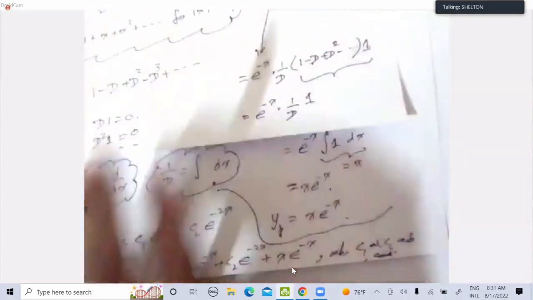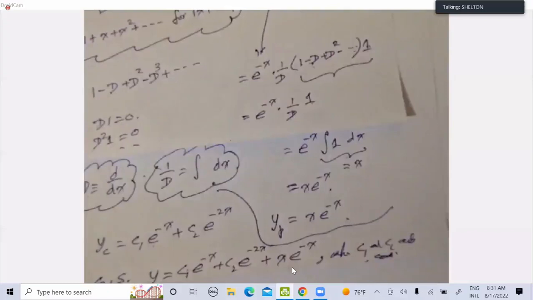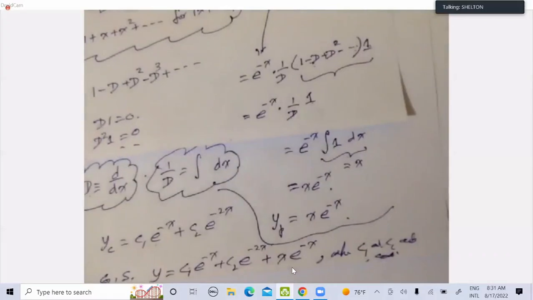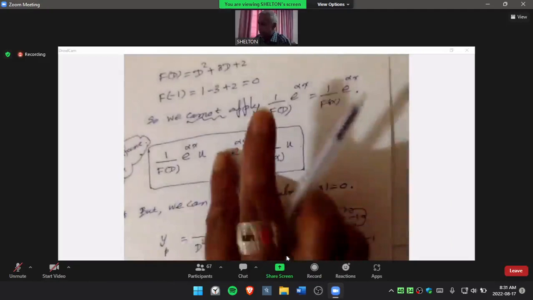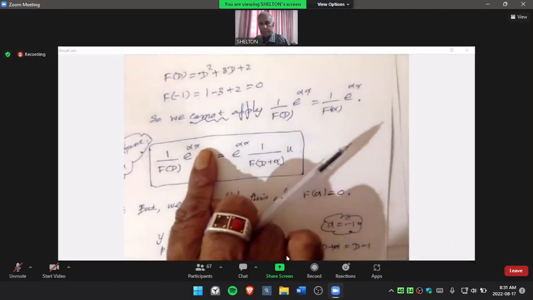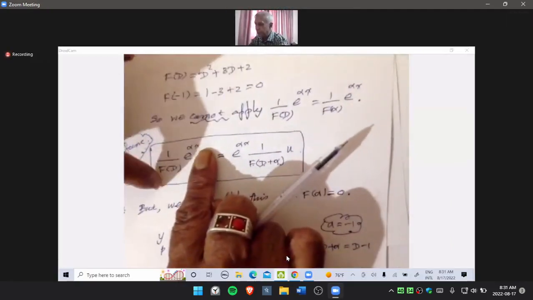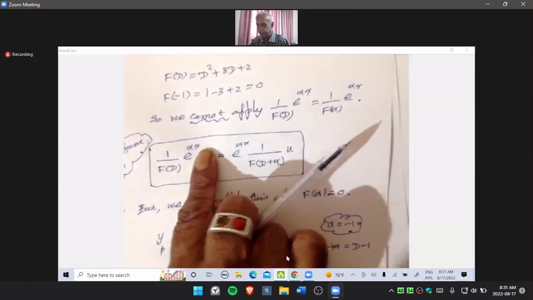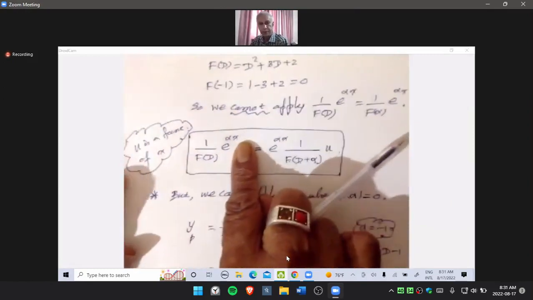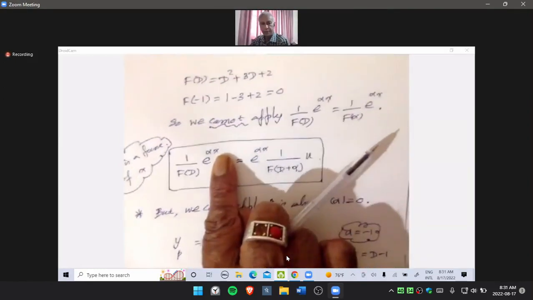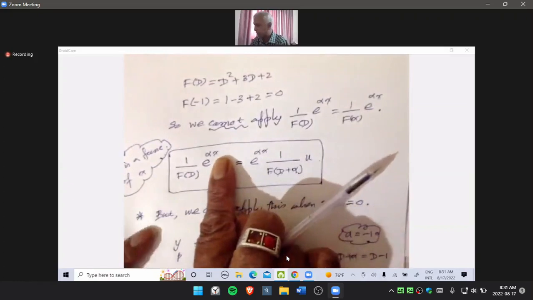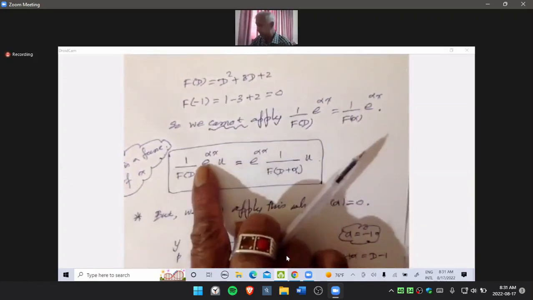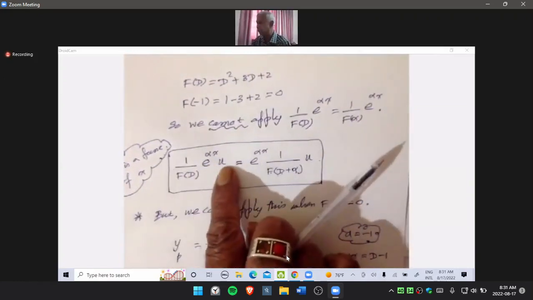So understand the method and application of that new formula for 1 over f of d applied to e to the alpha x times u. There are two formulas. If f alpha is not equal to 0, we can use that formula. Otherwise, we consider it as this times a function of u.